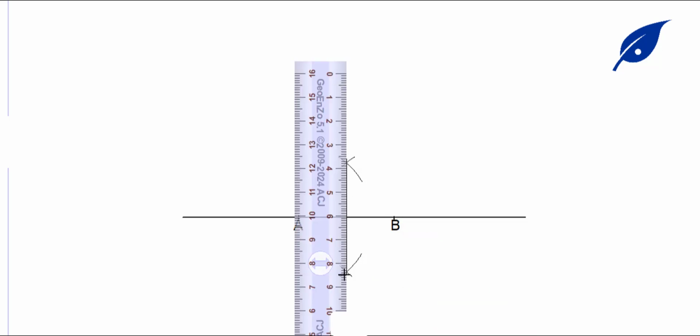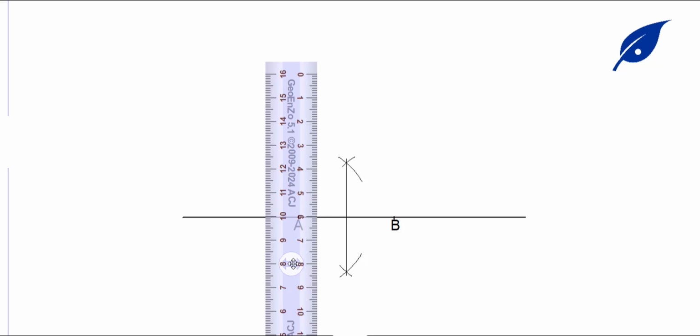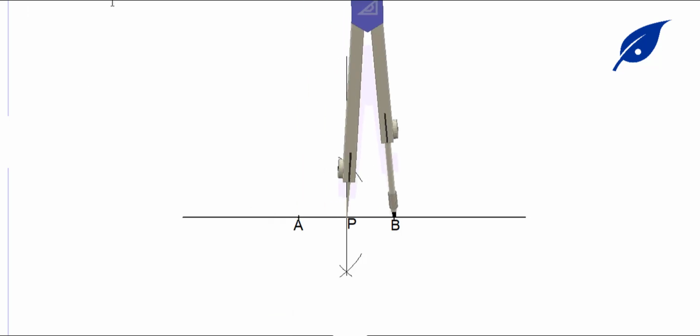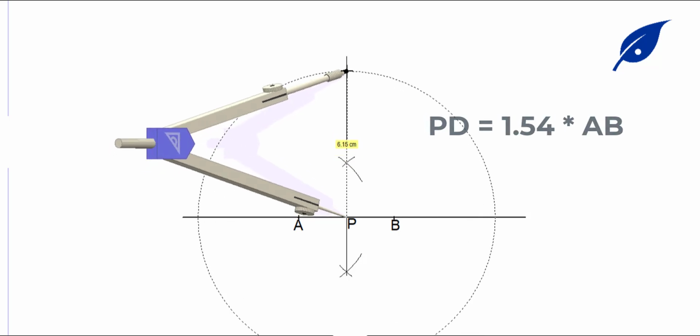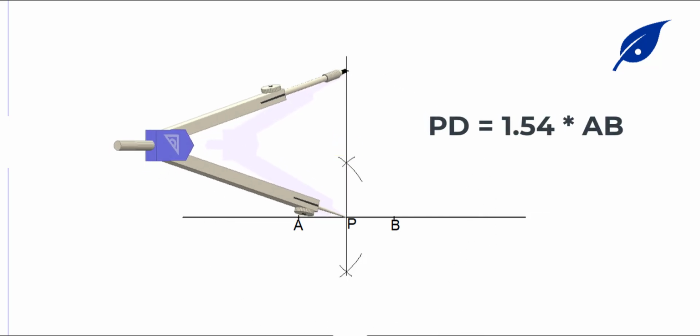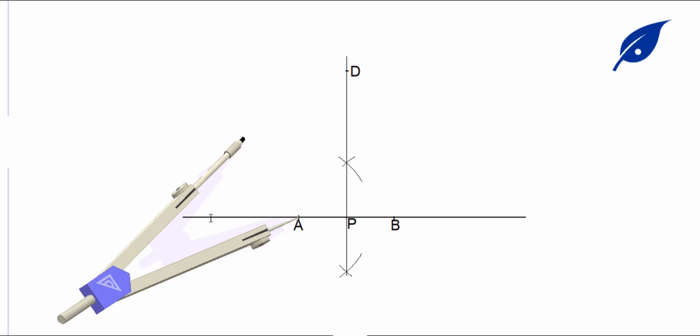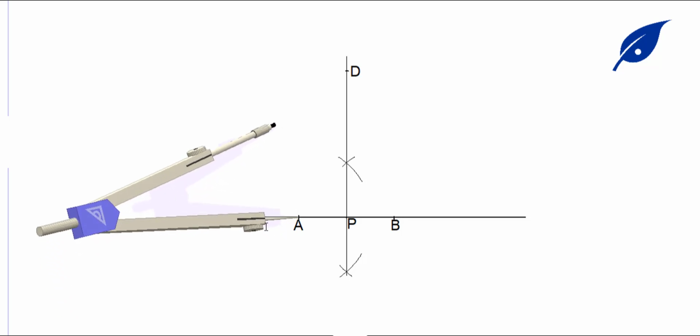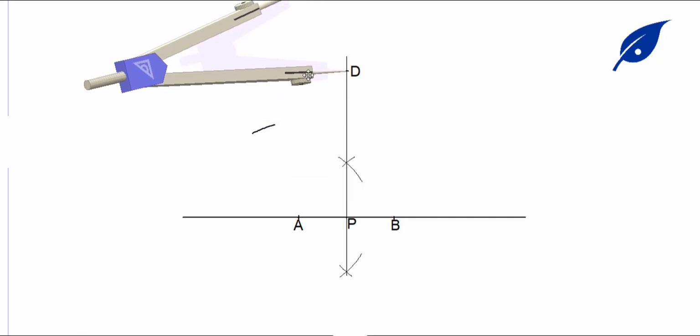I will draw the line and extend it above this point to get a new line PD, and PD is 1.54 times the side of the pentagon.